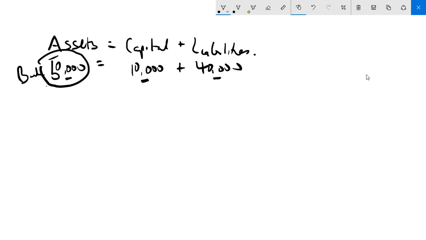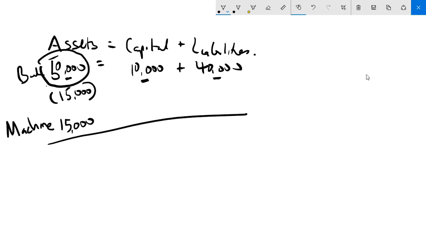What would happen next is that some of this 50,000 would be used to buy, for example, a machine. Let's pretend we buy a machine. So if we buy a machine worth 15,000 pounds and we pay by check, what must happen is that 15,000 pounds comes out of the bank, but we have acquired a machine worth 15,000 pounds.